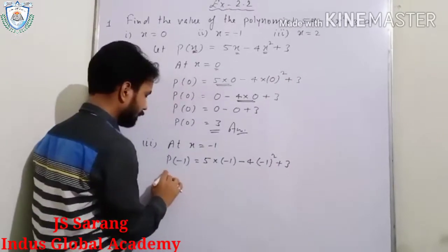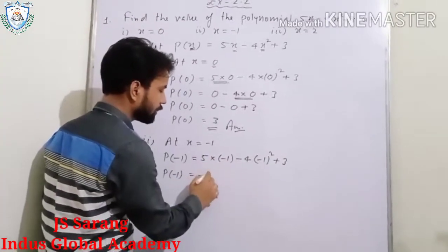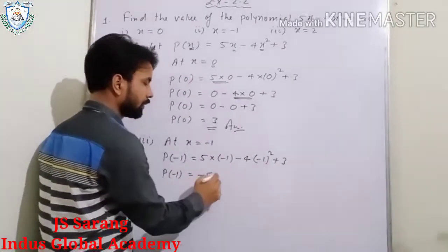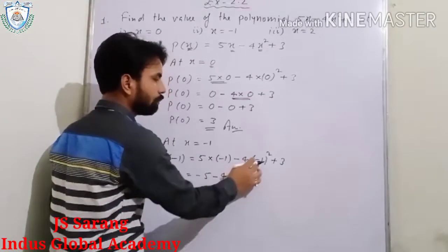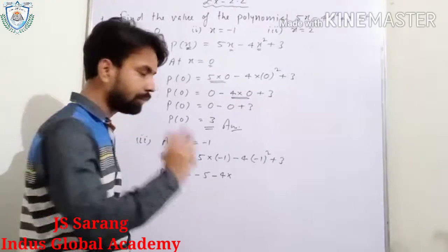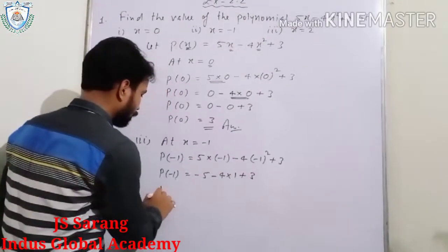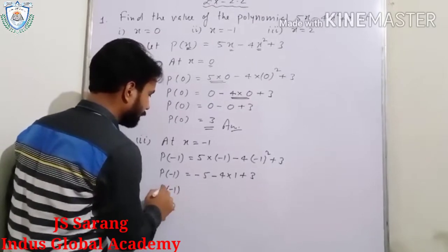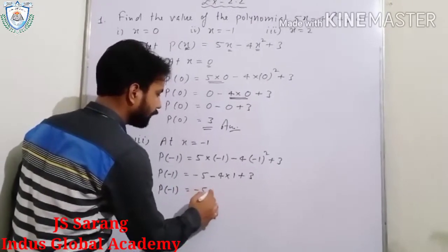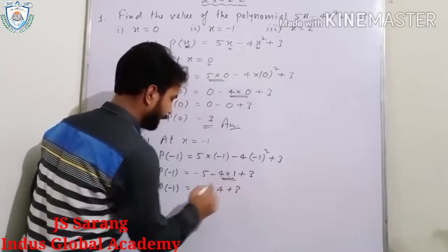Now see, p of minus 1 equal to 5 into minus 1, 5 ones are 5, so it is minus 5, minus 4 into minus 1 square, so minus 1 square gives you positive 1, plus 3. So p of minus 1 equal to minus 5 minus 4 ones are 4 plus 3.